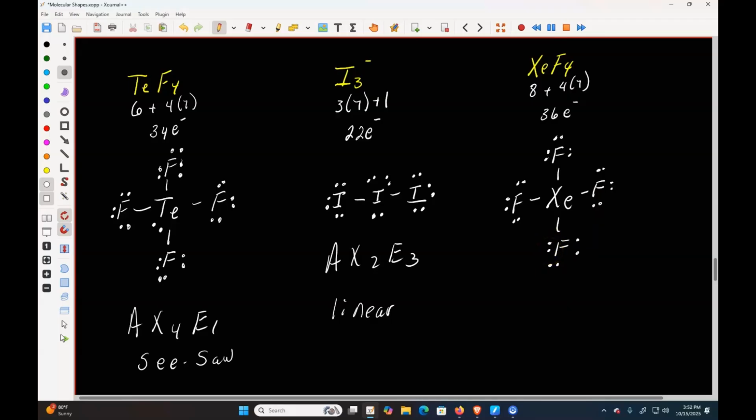That's 4 times 8, that's 32 electrons. So I have too many electrons. I'm going to put 2 here and 2 as far away as possible. So now I have 36 electrons represented. So this is going to be AX4E2. So that is a square planar.